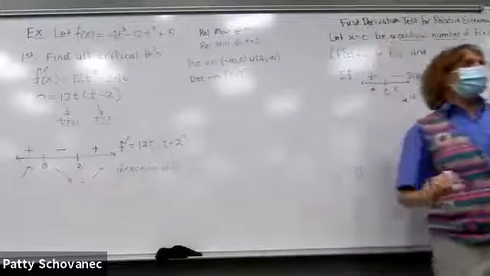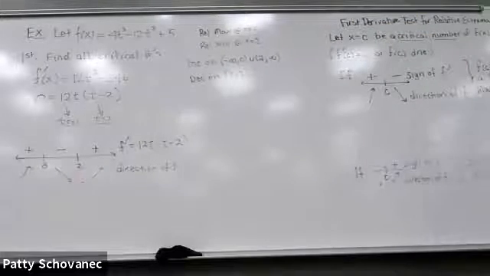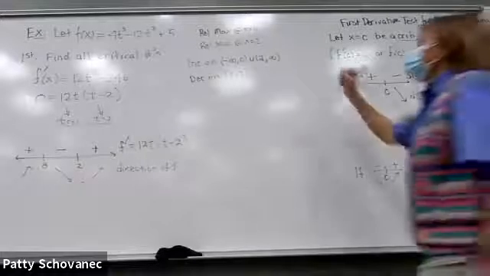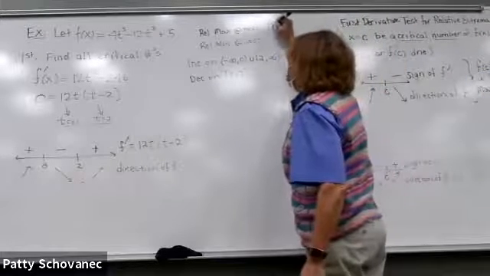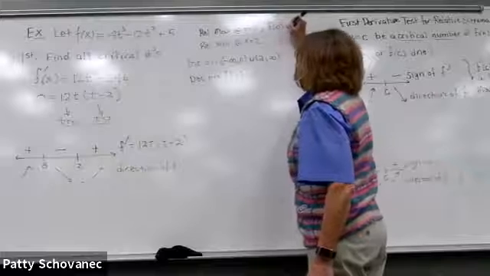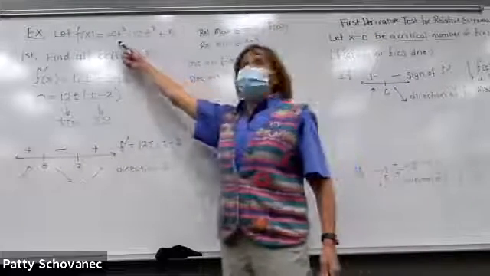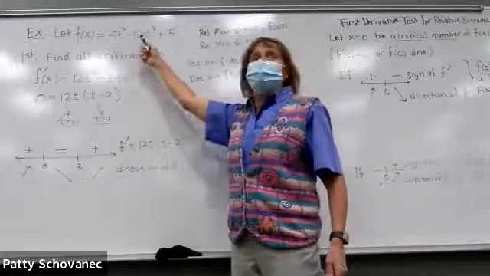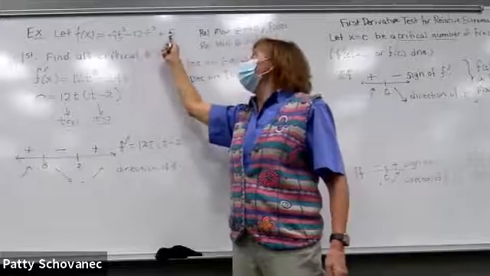We're going to go ahead and graph this. So let's get the y values that go with each critical number. So now I'm going to plug that back into the original function. F of 0 is 4 times 0 minus 12 times 0 plus 5.